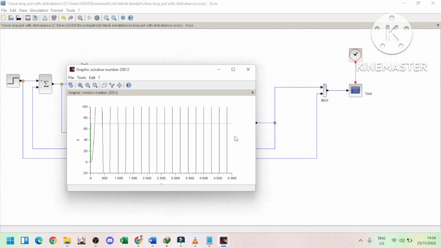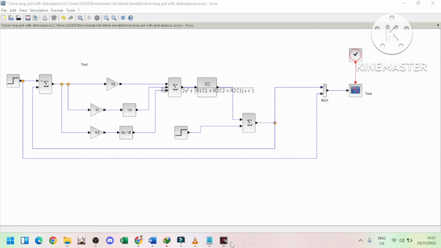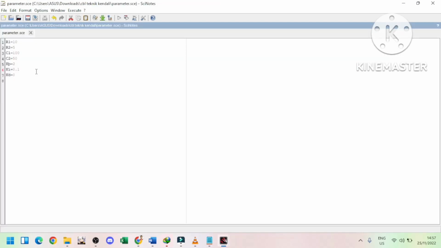A big overshoot has occurred because we changed the value of Ki to 0.1. So we need to try to make it bigger or smaller.